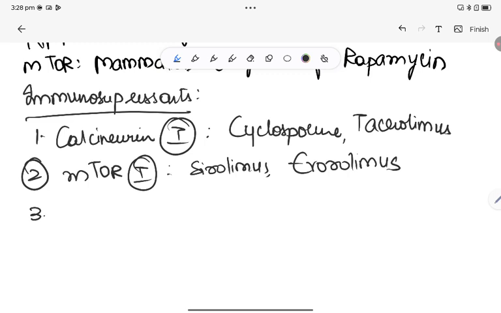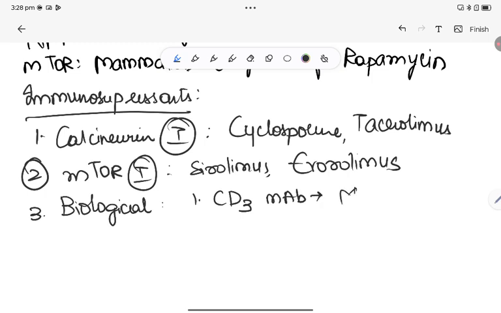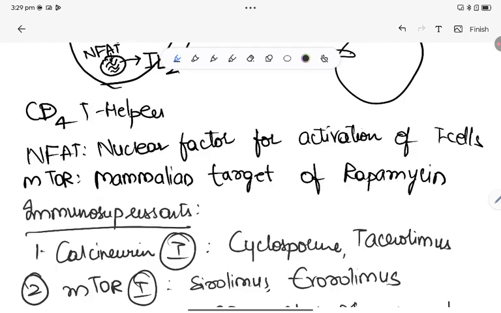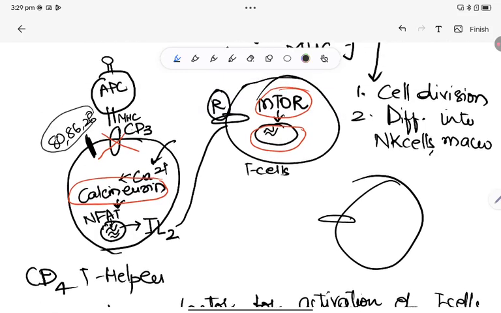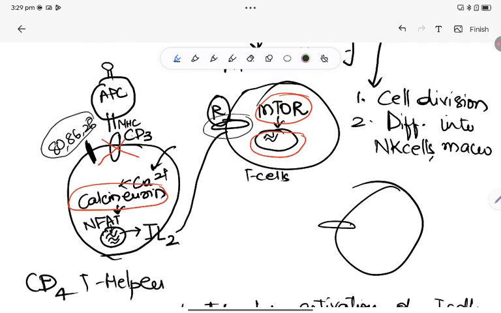Then your biological compounds. Let us not go into everything in detail, but one is CD3 monoclonal antibody, which includes muromonab. Then comes your co-receptors as well as receptor for interleukin.